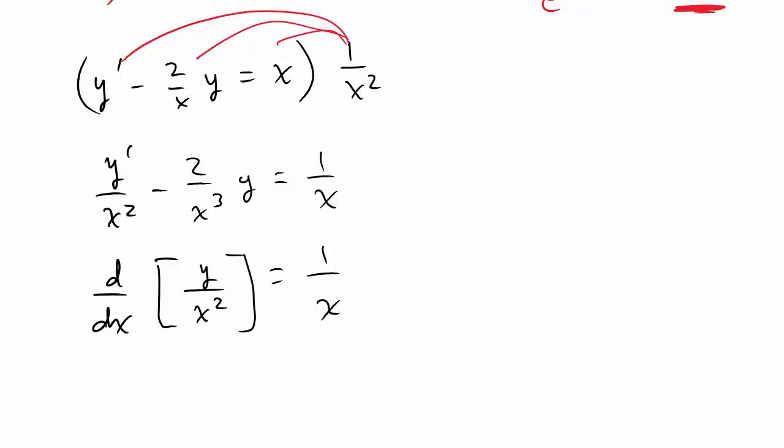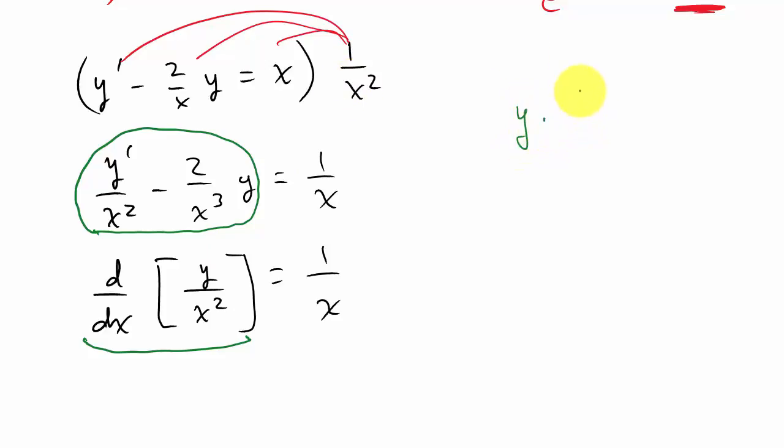Basically, this left-hand side of the equation is the derivative of the product of y and the integrating factor. I took y times the integrating factor, which gives me y over x squared, and it's the derivative of that.